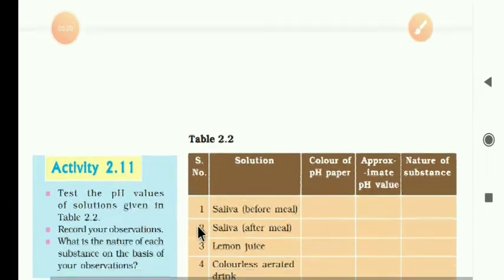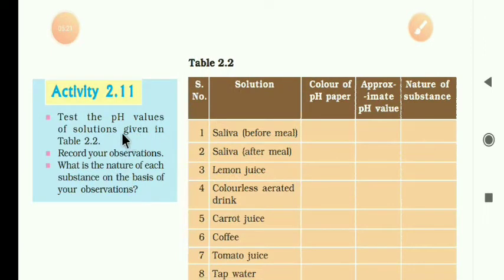Now test the pH values of the solutions given in 2.2. Record your observations. For example, saliva before meal is 7.4 pH value, so it is basic in nature. Its color is light green.